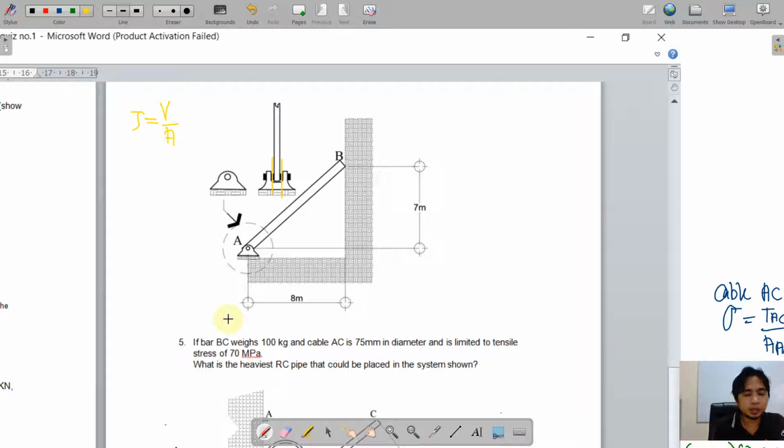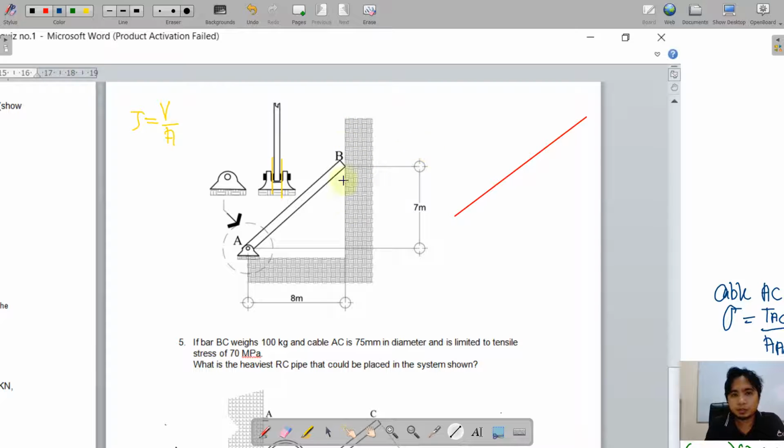So remember, there will be 2 reactions for a pin connection. Of course, we can obtain that by step-by-step analysis, wherein the first step is to establish the free body diagram. Say this is the rod. Let us now label its forces.